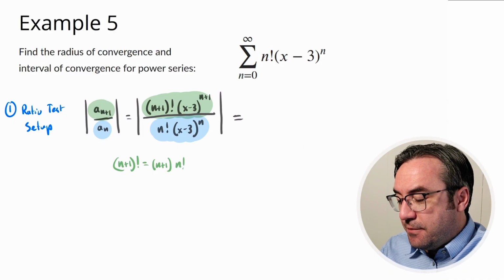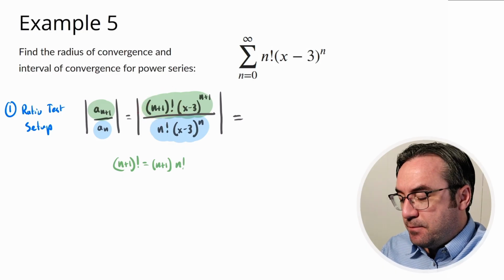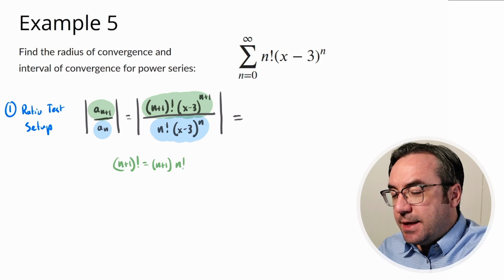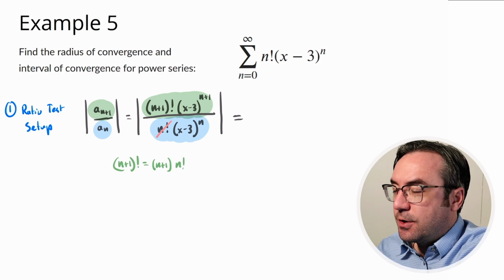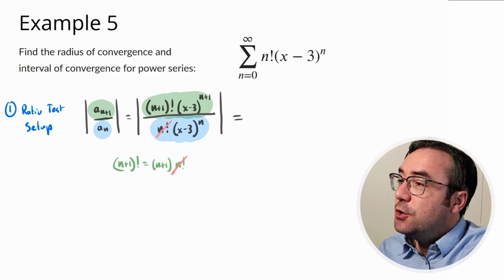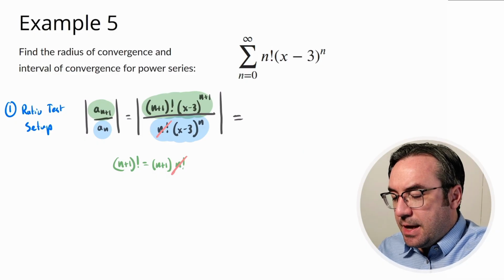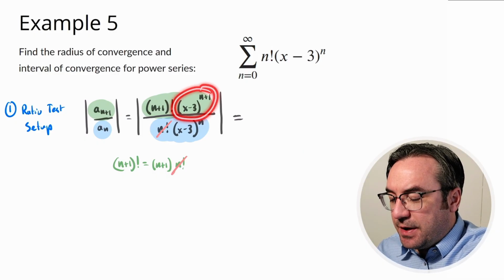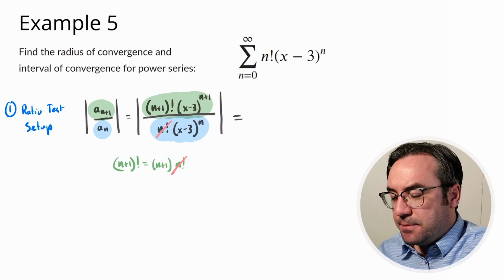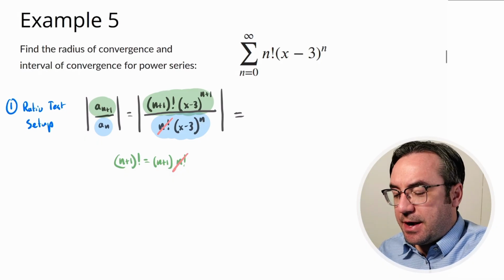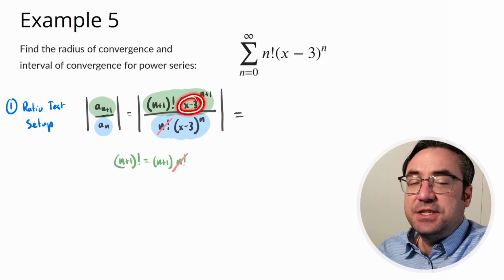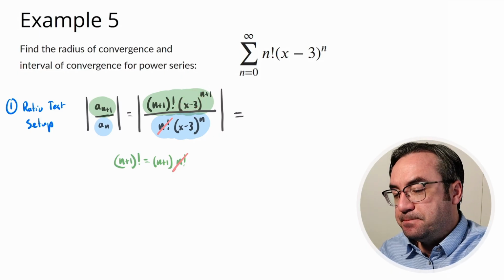Now if we look, this (n+1) factorial has an n factorial that's kind of built into it. So when we go to cancel, the n factorial in the denominator is going to cancel that n factorial from the numerator term. And then when we simplify these powers of x, we've got n+1 copies in the numerator, and we've got 1 less in the denominator. So after we subtract the exponents, we'll have just a single copy of x minus 3.